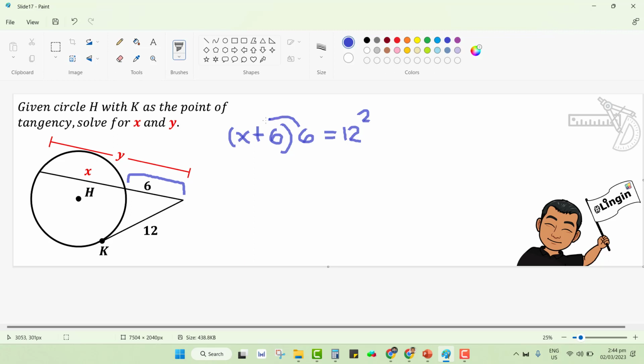So using the distributive property, you will get 6x plus 36 is equal to 12 squared, which is 144. Subtract both sides by 36, you will get 6x equal to 144 minus 36, which is 108.